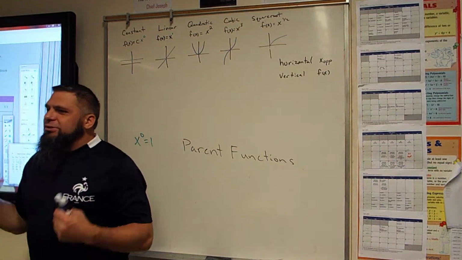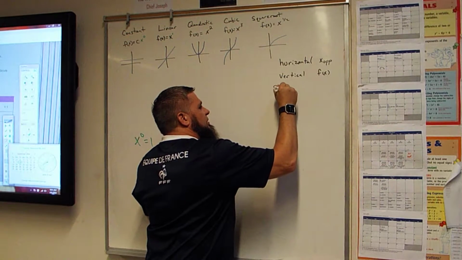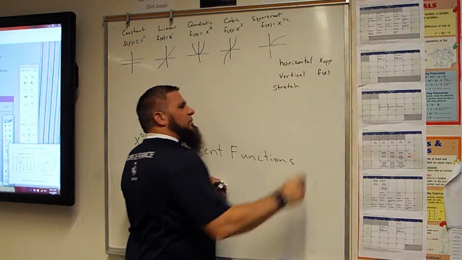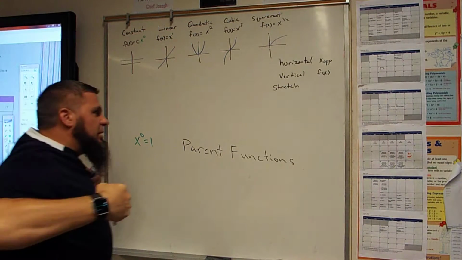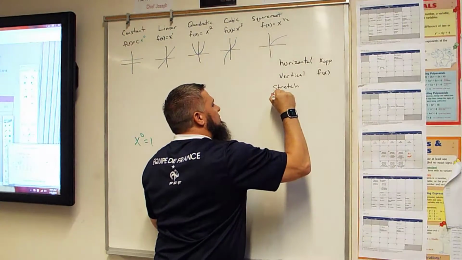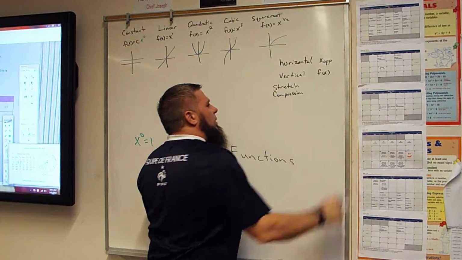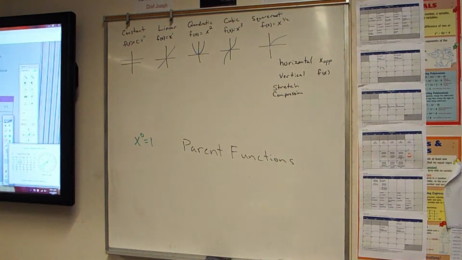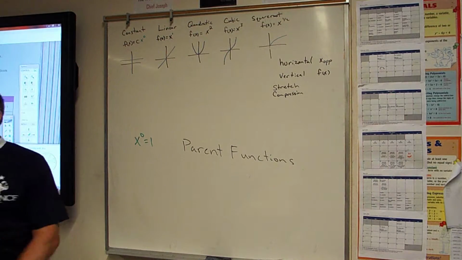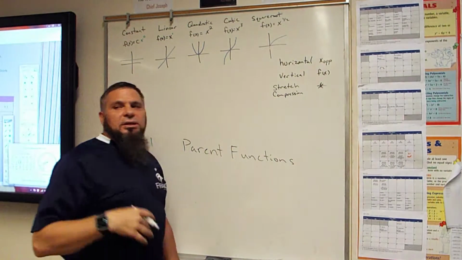Then what are those words that we would like to hang on to? Right? Stretch. And what's the other one that goes with stretch? Compression. Yeah. So we stretch and we compress. What does stretch and compression relate to mathematically? Yeah. Multiplication. Okay. Then there's shift.